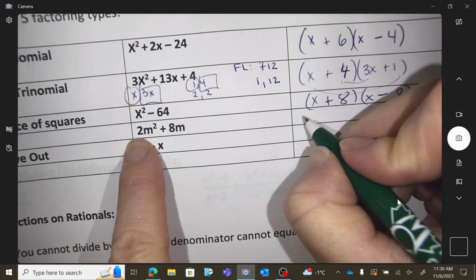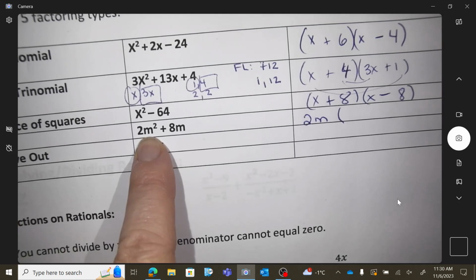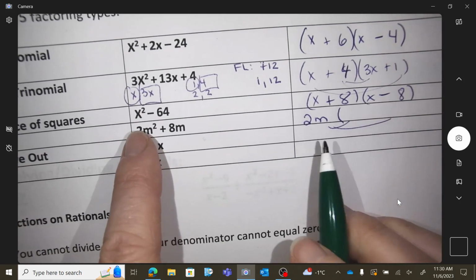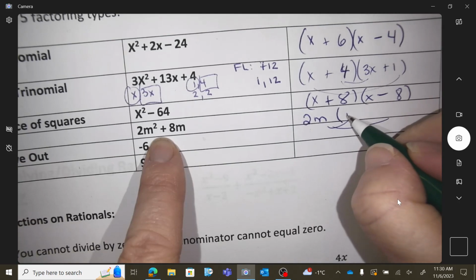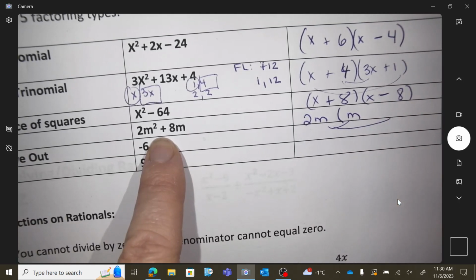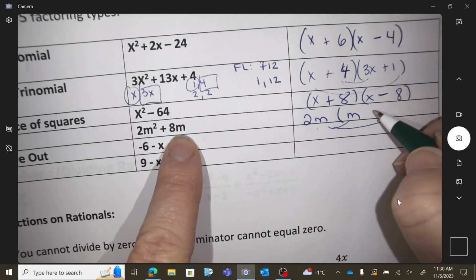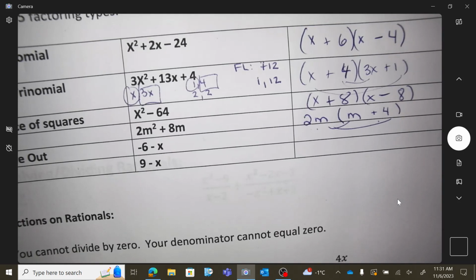I would be able to divide both by a 2 and an m. So 2m bracket. Two m times m. 2m times 4. Okay, so professional at that, right?